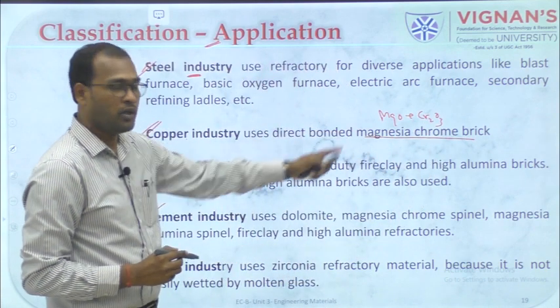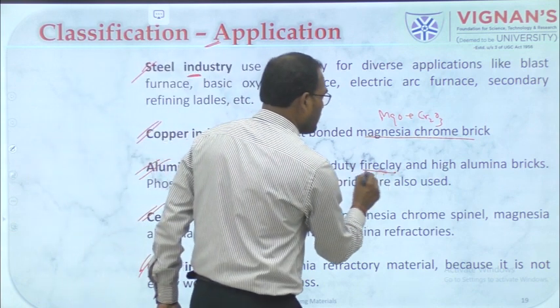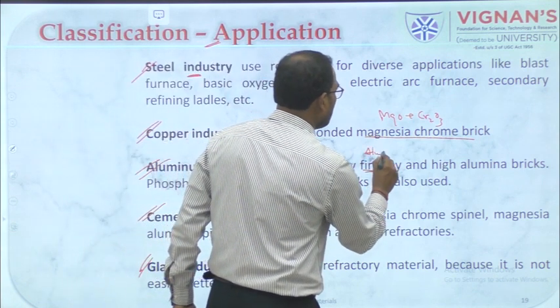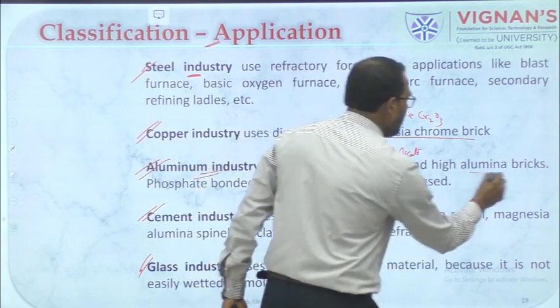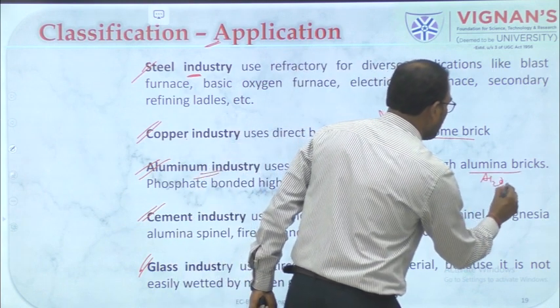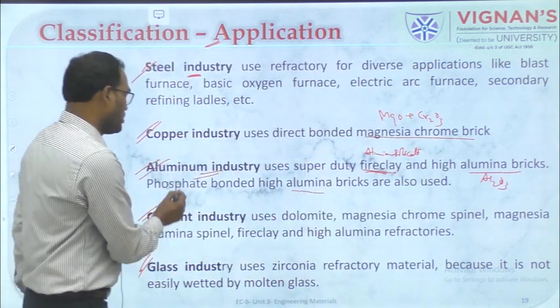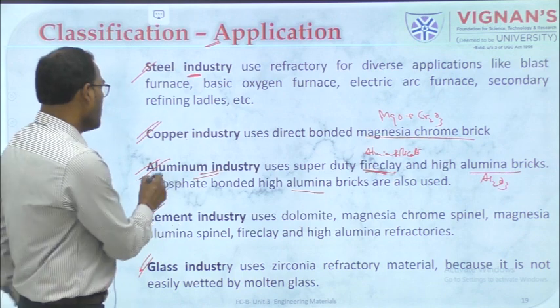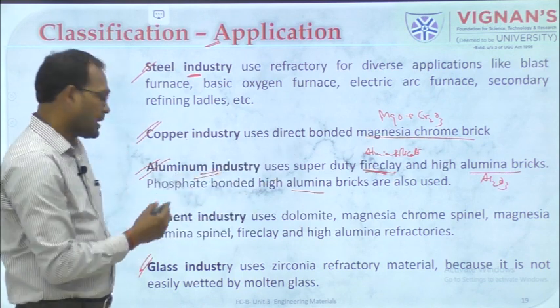So that one will be used. In the aluminum industry, fire clay, mostly alumina silicate, alumina bricks, Al2O3 bricks, and phosphate bonded high alumina bricks. So this is used as a binder, right. So the aluminum industry also uses these types of refractories.